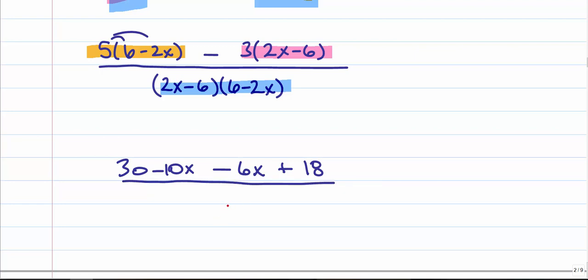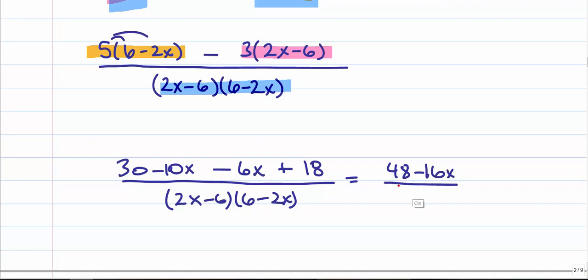All over some mess down here, right? So I don't know if I even want to factor that yet. So in the numerator, I would have 48 minus 16x. And you can actually factor out a 16, which would leave you with 3 minus x.